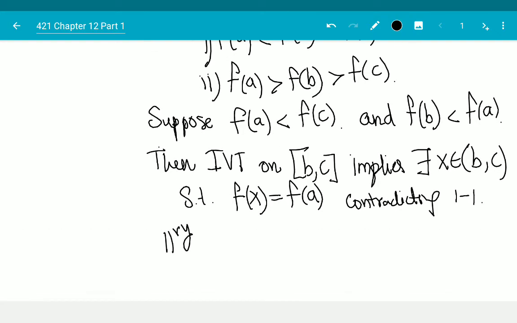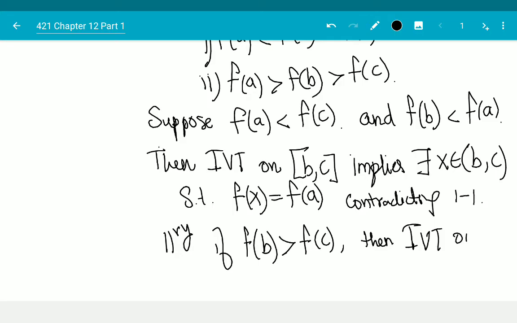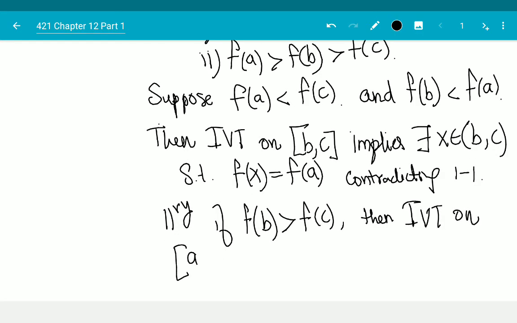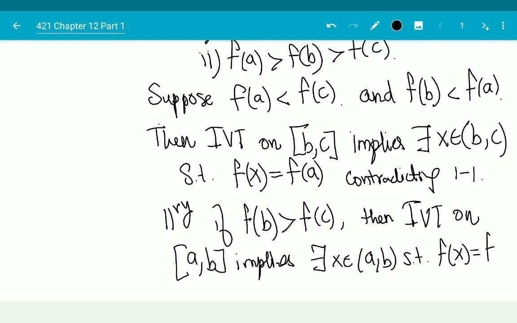Similarly, if f of B was greater than f of C, then I can get the same exact condition on A to C. Then IVT on A to B implies there exists x in A to B such that f of x is equal to f of C. Right?